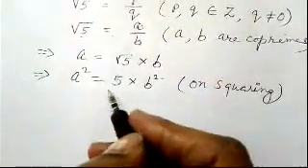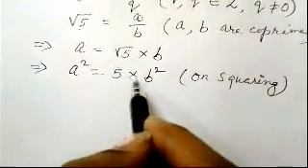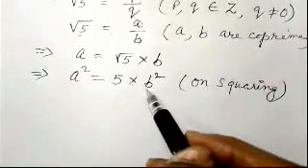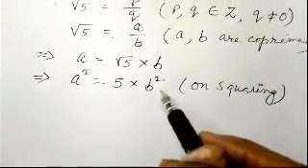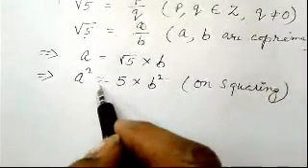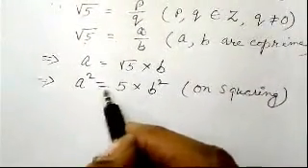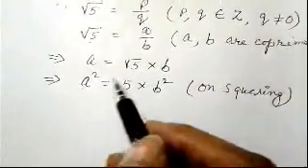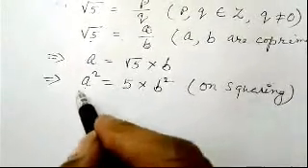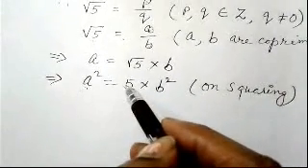So now we are applying that theorem. This means dividend equals divisor into quotient plus remainder. Remainder is 0. That means we are applying a theorem based on the fundamental theorem of arithmetic. That is, 5 divides A square. That is the theorem we are applying, that if 5 divides A square, then 5 divides A. 5 divides A square means this A square is exactly divisible by 5.